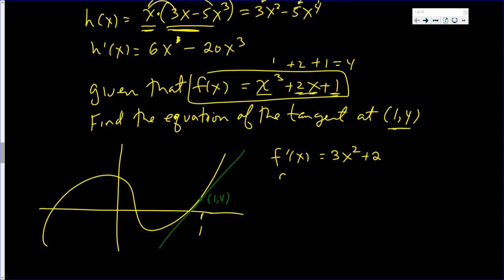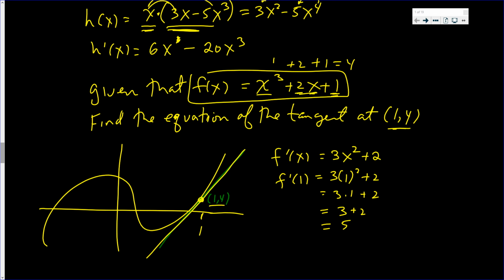Okay, so what is the slope of this tangent line right here? It's f prime of 1. It's 3 times 1 squared plus 2. 1 squared is 1. 3 times 1 is 3, plus 2 is 5. So we know that this point 1, 4 is on the line, and the slope is 5.